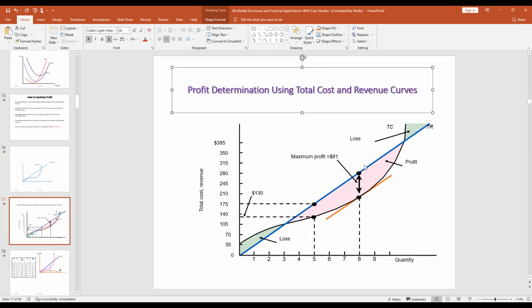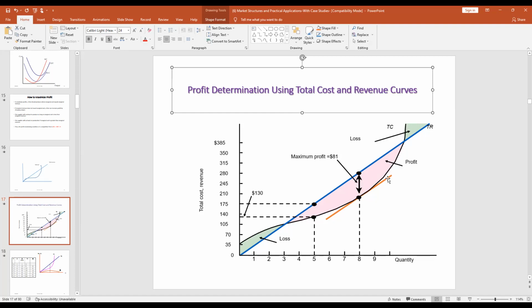If you draw a line tangent to this cost curve, parallel to the total revenue curve, then you get the highest distance between this area. That is the way we geometrically show the highest distance between these curves.